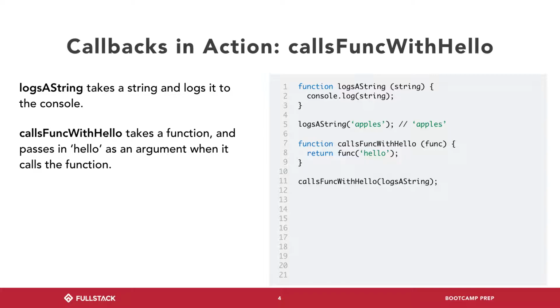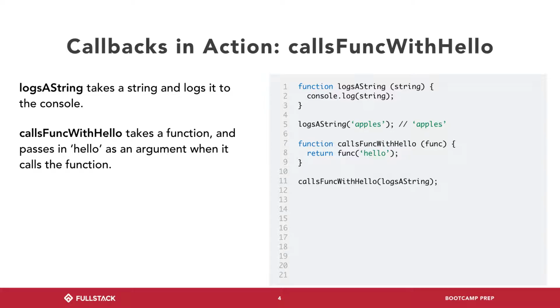Log a string, right? And so, what does log a string return? Nothing. It console logs a string, but it doesn't return anything. So what does log a string return? Well, calls func with hello is doing the job of returning what log a string didn't return.